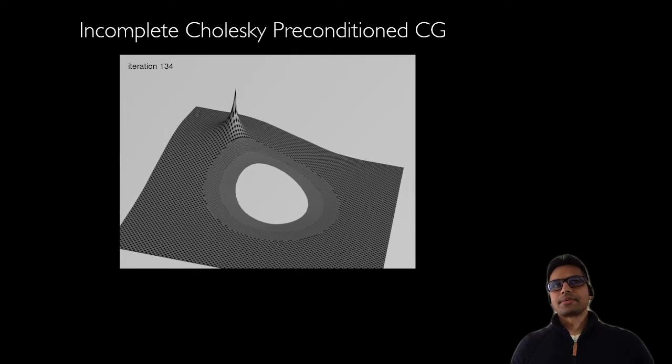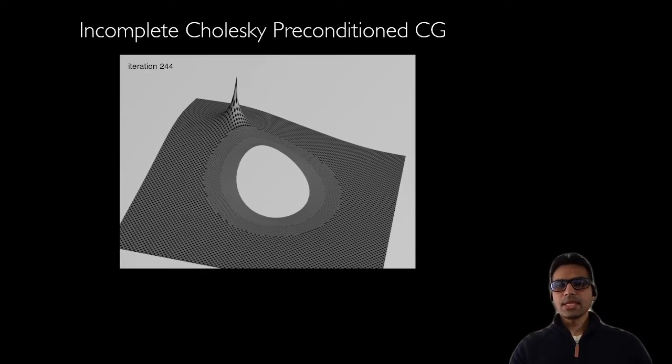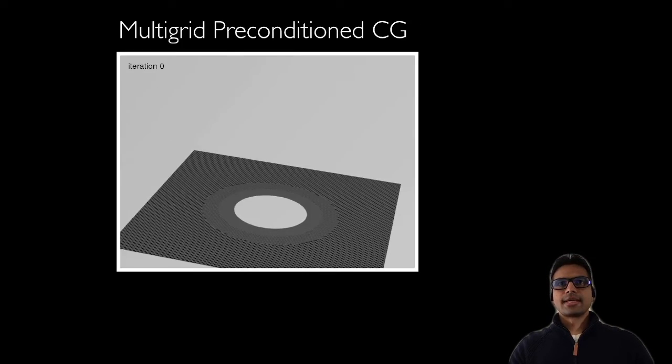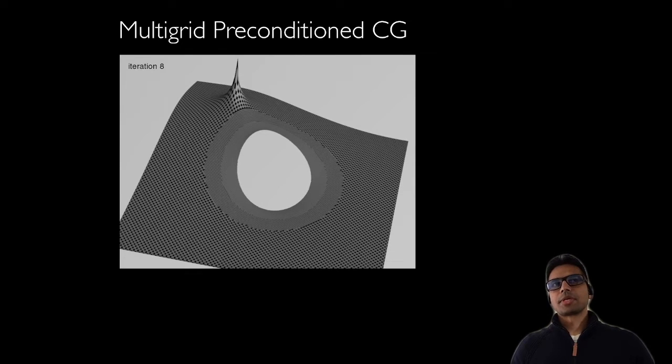As you can see, this solver takes a lot of iterations to converge because the waves of correction have to continuously propagate back and forth. So it's quite slow. In contrast, if you observe the convergence of multigrid, it completely solves the problem in roughly 10 iterations.